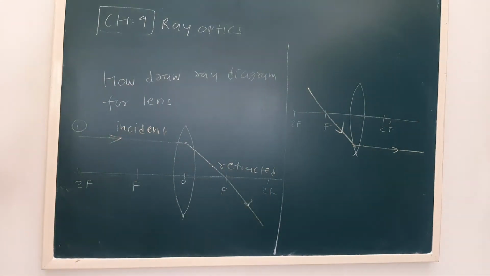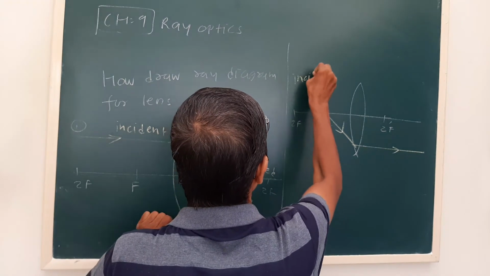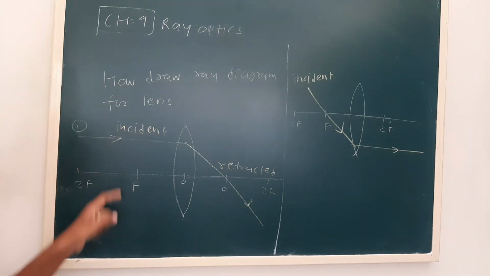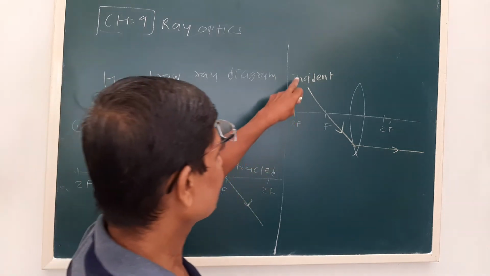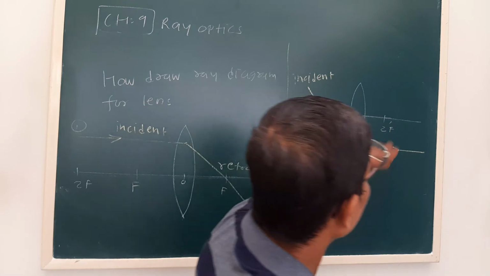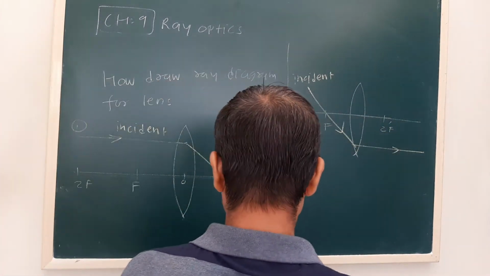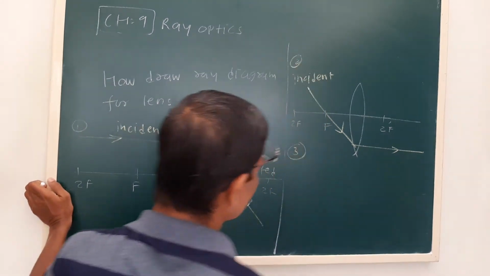You can see these are just opposite. First, the incident ray is parallel to the principal axis and after refraction passes through F. Secondly, the incident ray passes through F and after refraction becomes parallel to the principal axis. This is the first condition, and now the second and third.